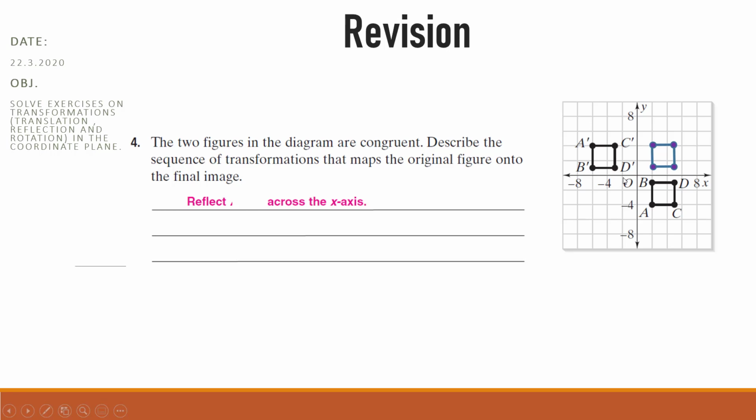So from here to here this is 2. And now it's 4. Continue. 6. So that's 8 units. To move this point to A dash, we will translate 8 units to the left.